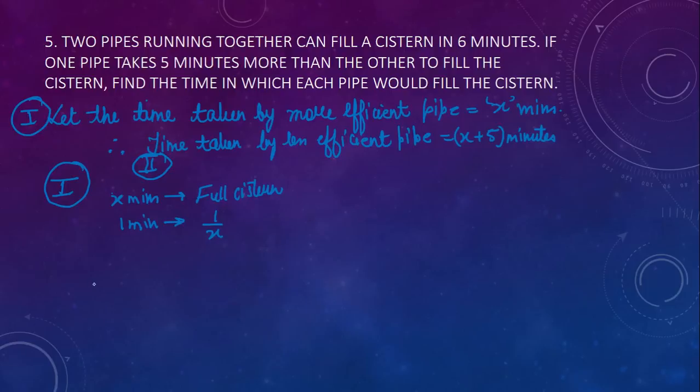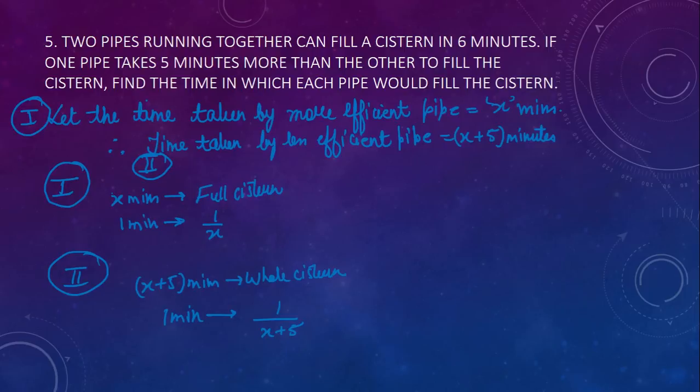Please remember, the second pipe takes x plus 5 minutes to fill up the whole cistern. Therefore, in 1 minute, it will fill only 1 by x plus 5 of the cistern.